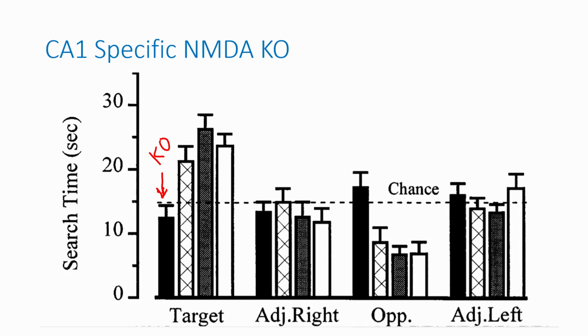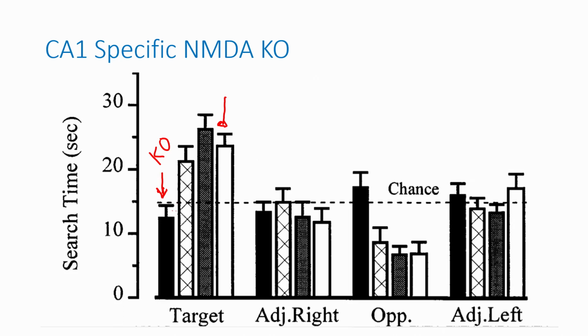So, you can take a regular control, in this case the open bar, and compare to the open bar here. You can see these mice, the knockout animals, do not search in the target quadrant at all.